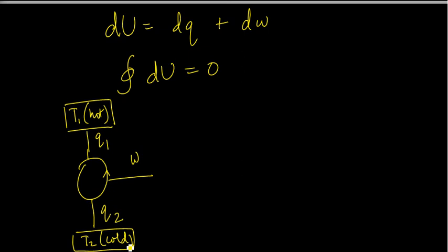Heat can only flow from a hotter place to a colder place. That's the second way of looking at the second law. This one says, if you want to get some work out of a system, you must lose some heat.